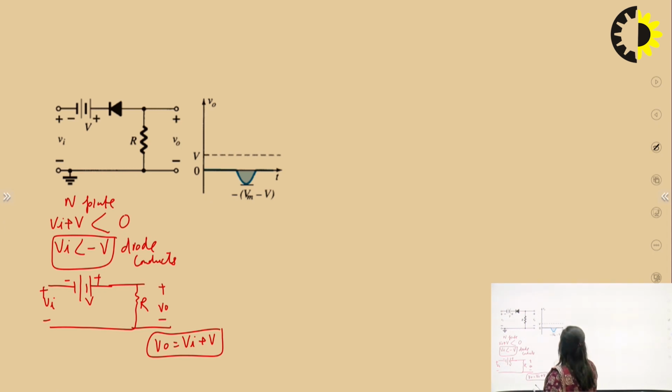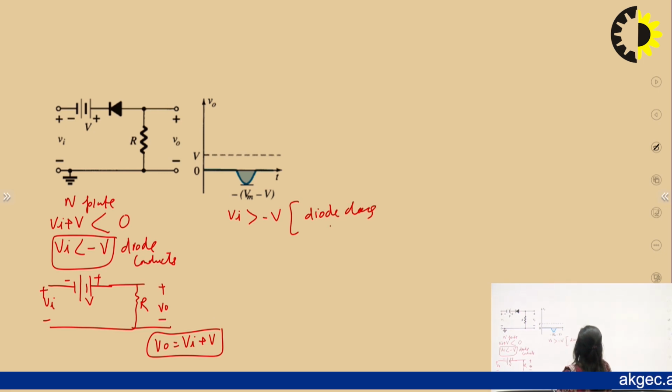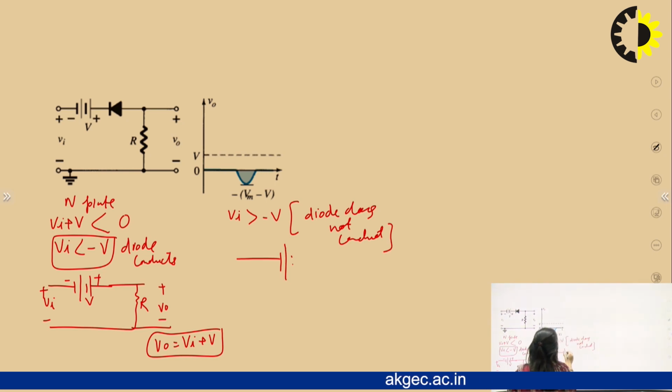And for the condition where Vi is greater than minus V, the diode does not conduct. For this condition, the diode does not conduct, and the equivalent circuit will be: the diode will be open now. So this part will be open.